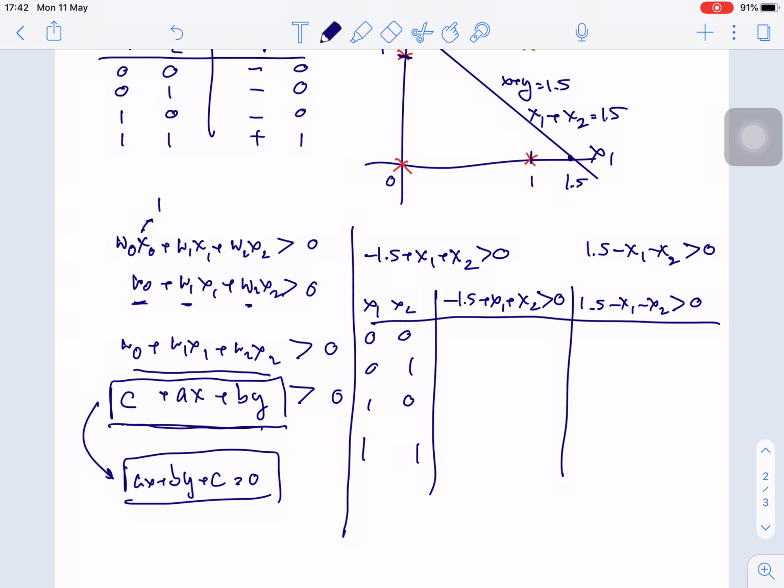So if you replace x1, x2 by 0 and 0, what did you get? You will get minus 1.5 greater than 0, right? That is false. Or negative.